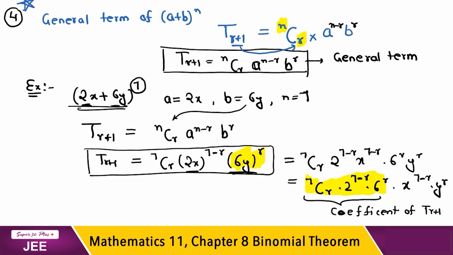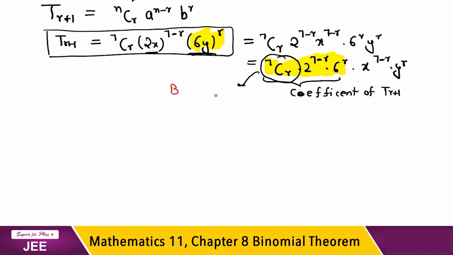Alright. Only this part which consists of nCr will be called as binomial coefficient. In this constant, the nCr part will be called as binomial coefficient.